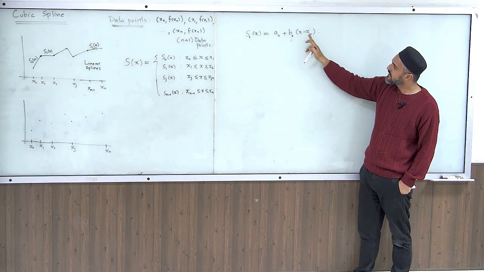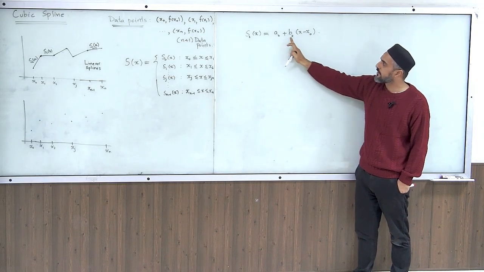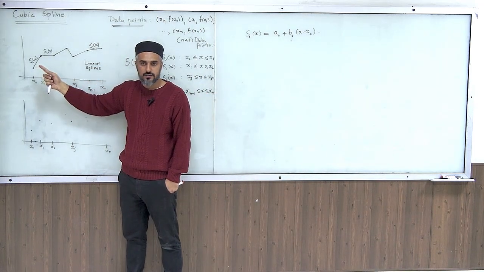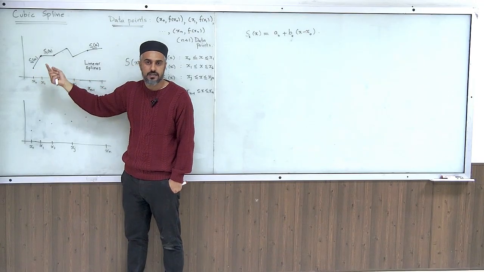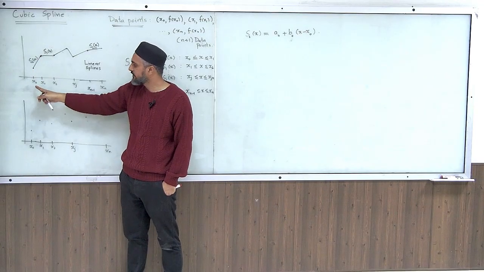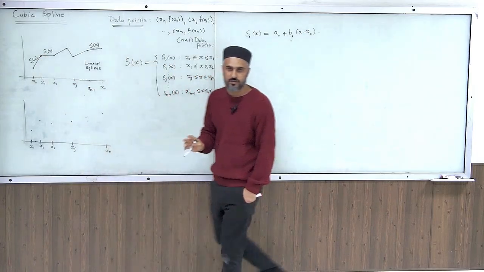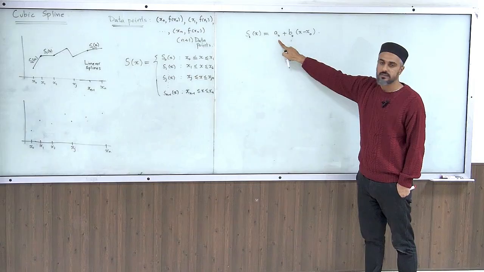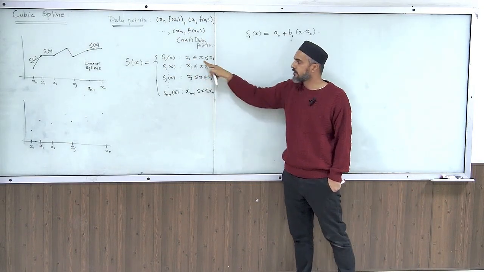I just wrote a first degree polynomial: a straight line has a linear factor and a constant factor. Here x naught is the initial point, and we need to determine the values of a naught and b naught. Since this is a straight line, we can determine the slope and the intercept through the 2 given points, x naught, f of x naught and x1, f of x1. So we can find that, not a problem for us. This is the line corresponding to x naught and x1.